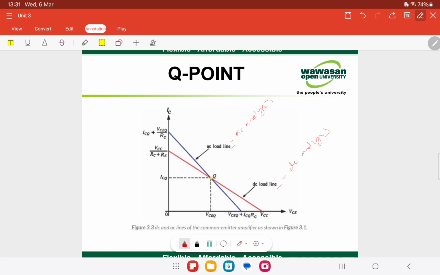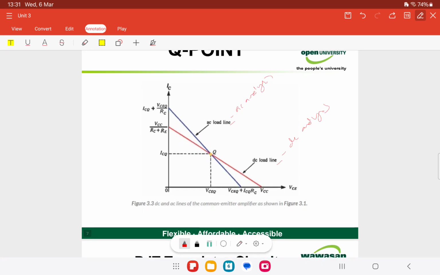And this is the intercept, we call it the Q point.